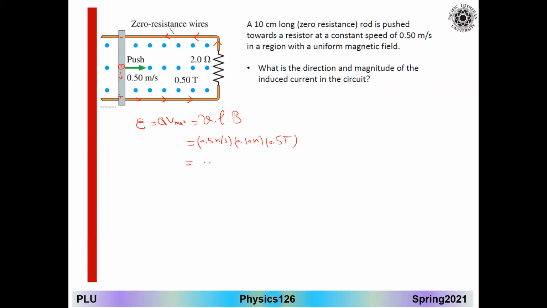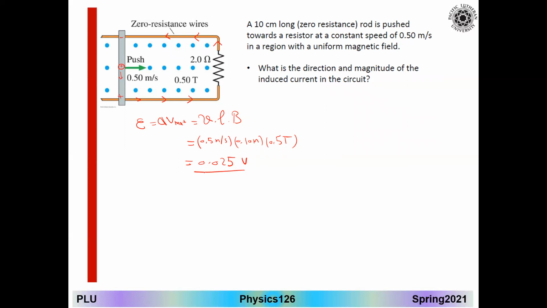If you multiply those three numbers together, you will end up with 0.025 volt. And if you see this value, it is very small, even less than a small battery. So that EMF, the potential of the source of energy, is very small.